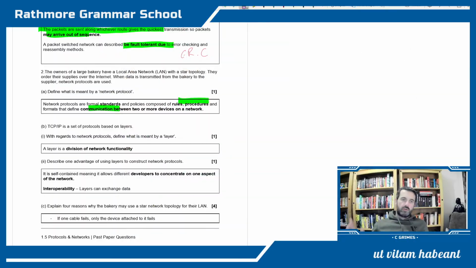So any of those 2 points, that it divides up the network functionality and also it allows for interoperability, if I can spell that, interoperability.